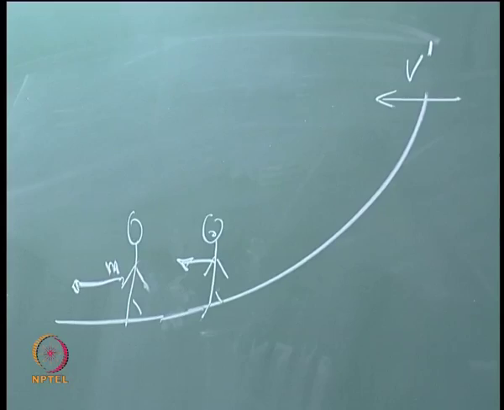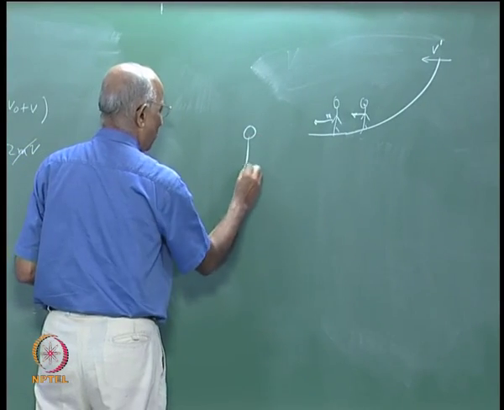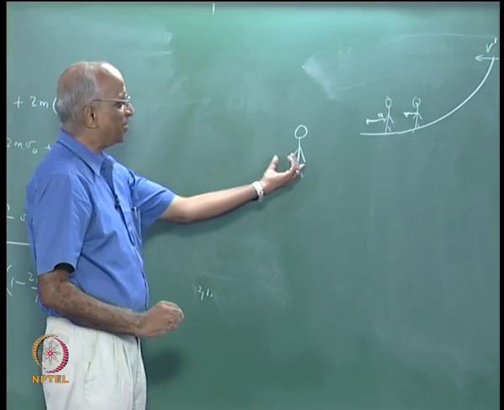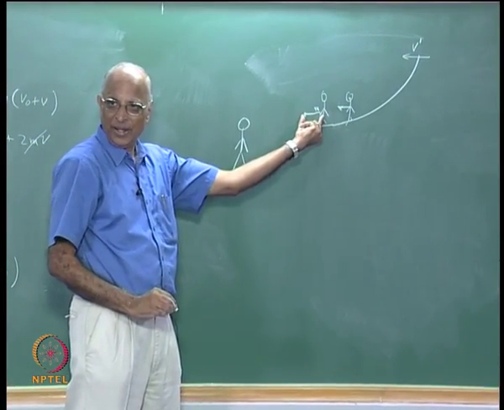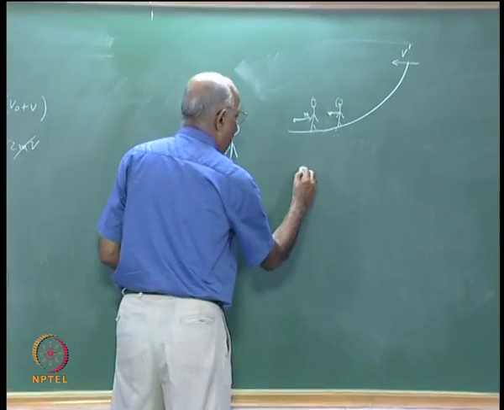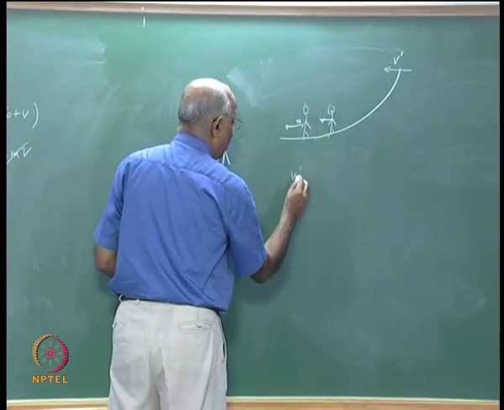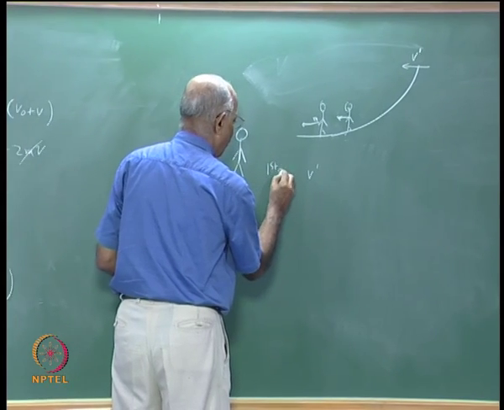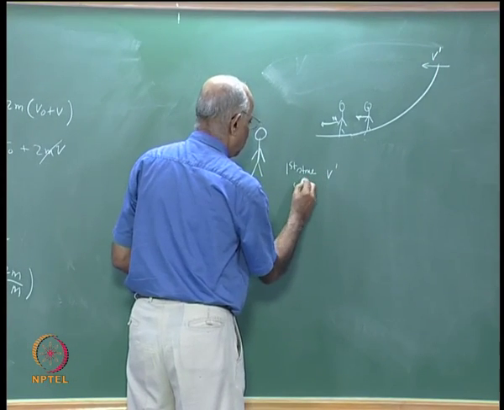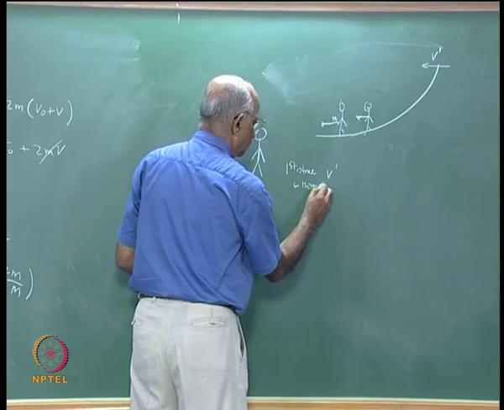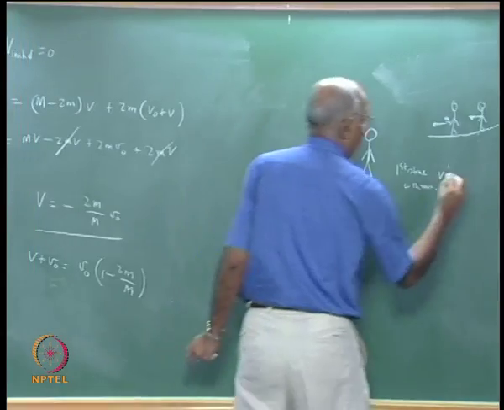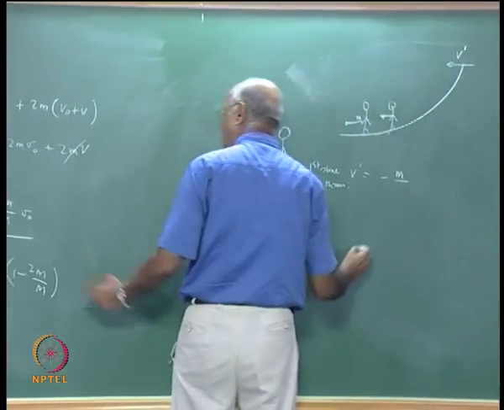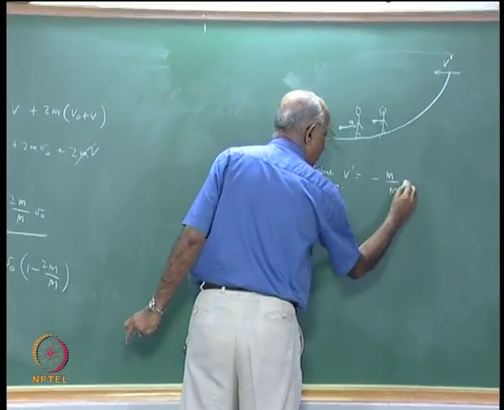Let us write the equation of motion again. I am in the inertial frame of reference, I stand over here and watch the fun in the inertial frame of reference. The first boy throws the stone, and therefore the value of V prime, that is after the first stone is thrown, will be equal to minus, only one stone has been thrown, m over capital M into V0.